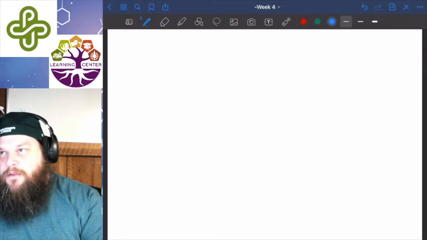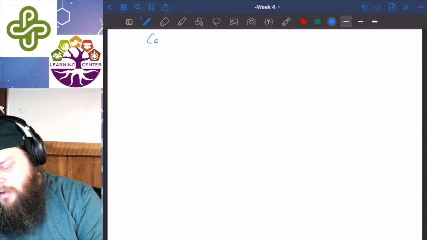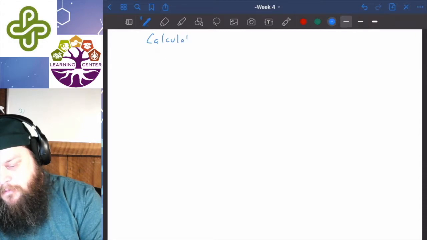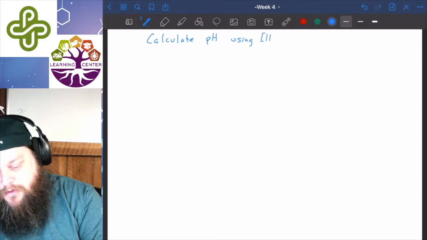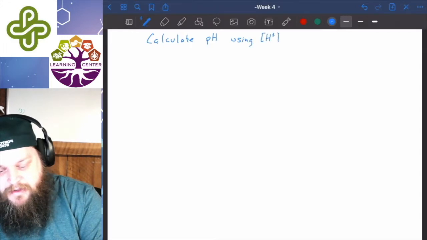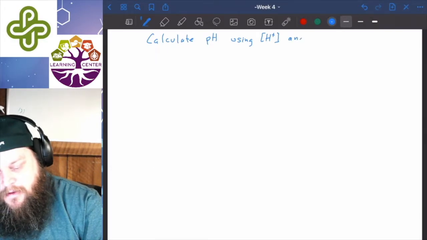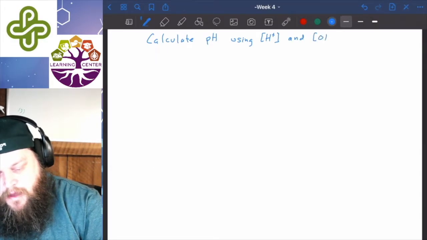So the first thing we learned was how to calculate the pH using the concentration of hydronium ions. I usually write this as just hydrogen ions, and the concentration of hydroxide.